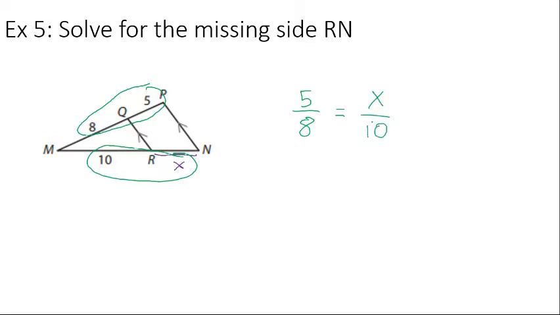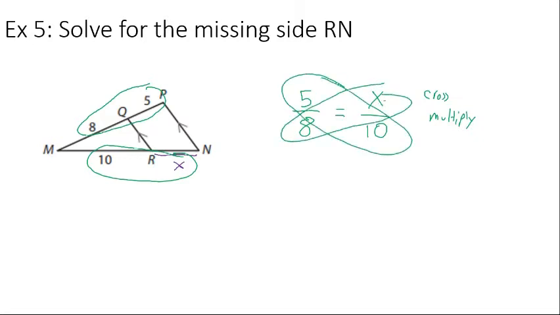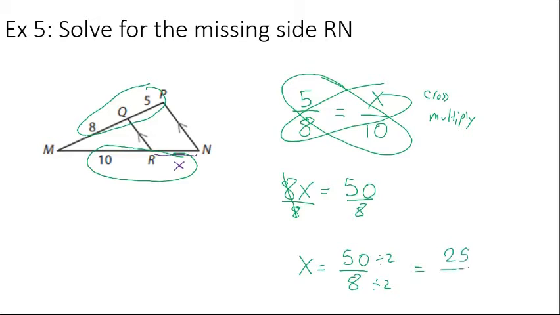And I cross multiply here. So X times 8 gives me 8X. 5 times 10 gives me 50. Divide both sides by 8. These eliminate. So I get X equals 50 over 8, which I can reduce by 2. So I'm going to get 25 over 4, which is my final answer right there.